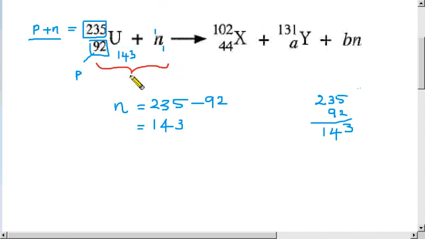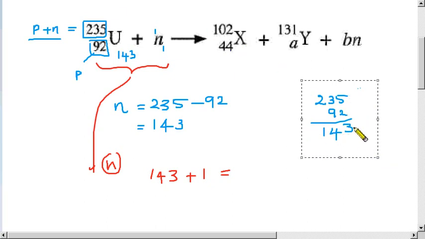The total neutrons on the left side: here 143, plus they have added 1 neutron, so 1. So what is the number of neutrons on the right side? We have to find out the same way.